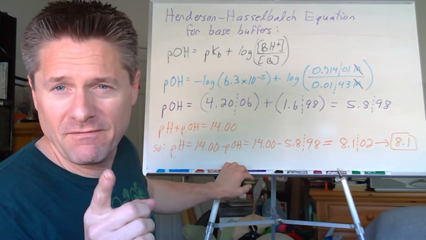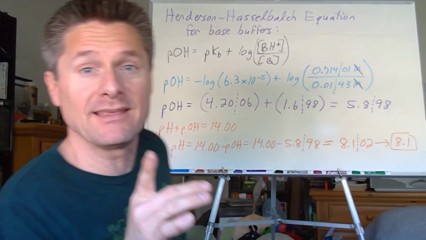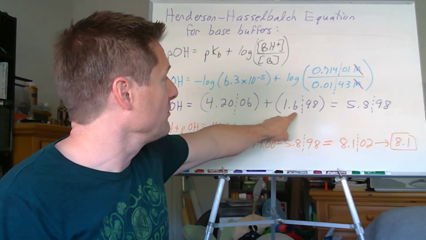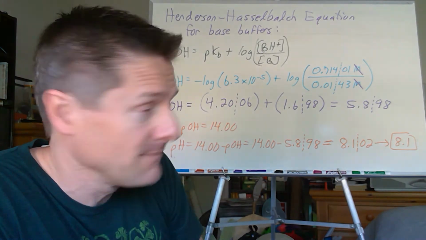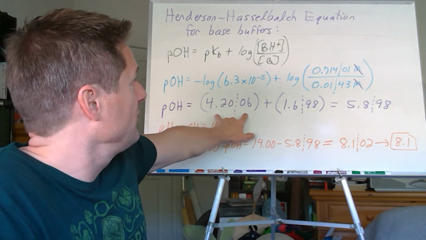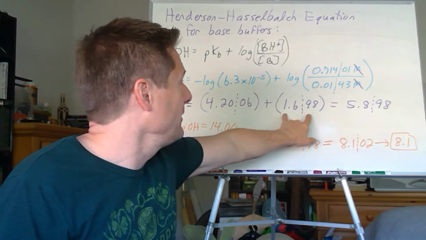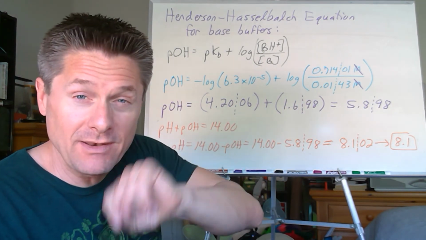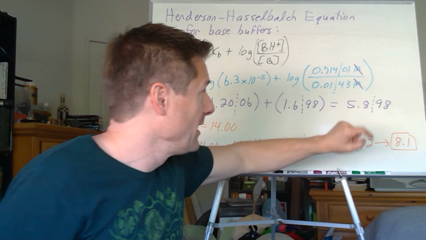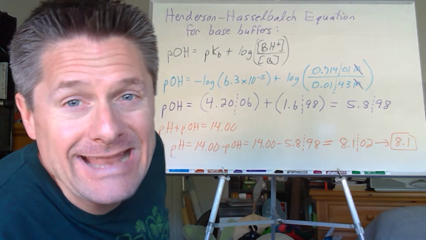So 1 significant figure means we get 1 decimal place in our answer. So the log of that term would be 1.698, good to 1 decimal place. So if I take 4.2006 and add 1.698, 1 decimal place, 2 decimal places, so I'm limited to 1 decimal place in my answer from the addition, I get 5.898.